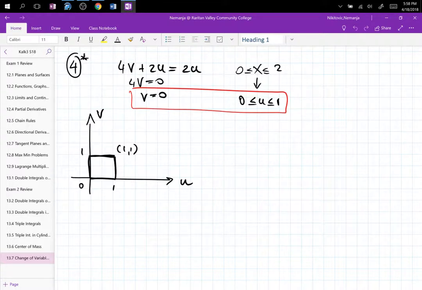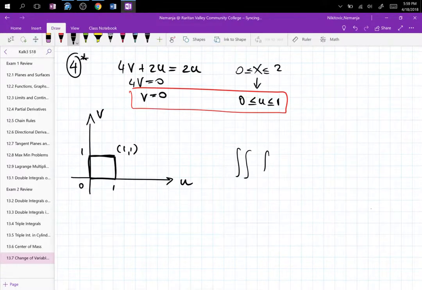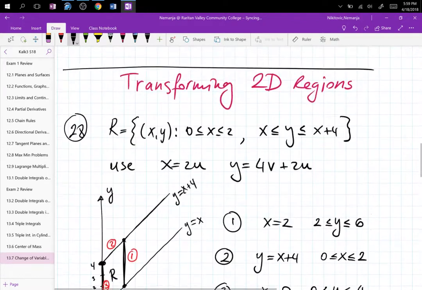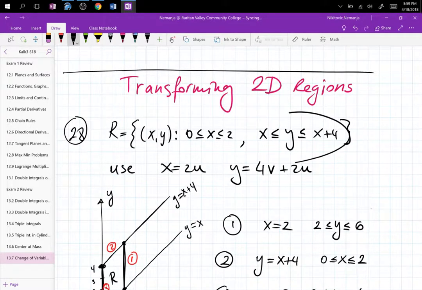Now, this means that you can set up your integral, and your function will be in terms of uv, and there will be more stuff there. But your limits now become this. And before, they used to have these things in limits.